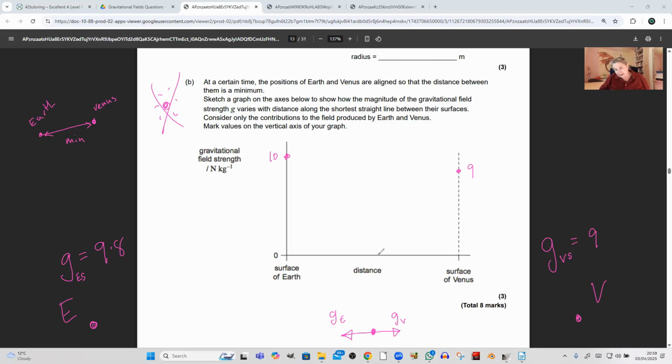And it's going to be a little bit nearer to Venus than it is to Earth, because Venus is slightly less massive than the Earth, but not much, okay? But it absolutely is going to go down to 0, okay? And it's going to fall off as the square of the distance, because g is equal to big G, big M over r squared. So it's going to look something like that. That's what it's going to look like.